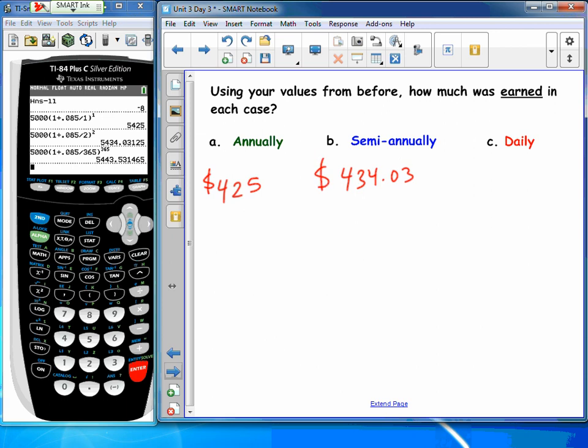And the last one, oh wait, 443.5. Awesome.